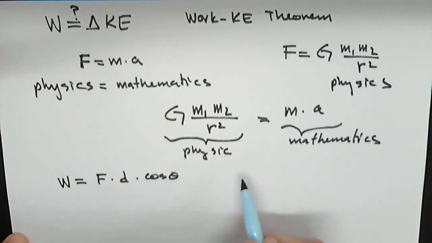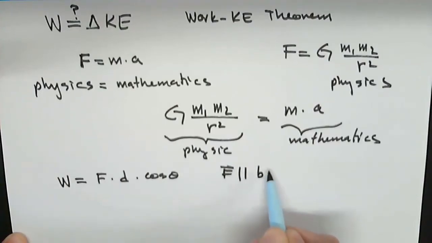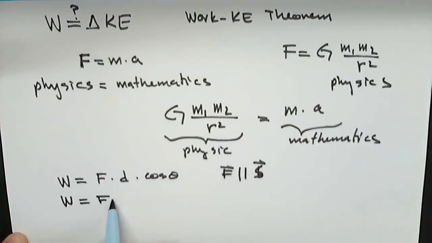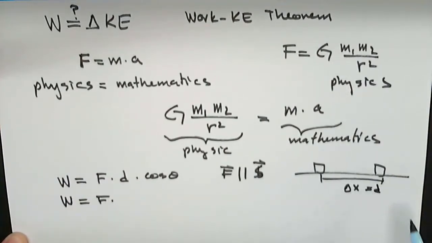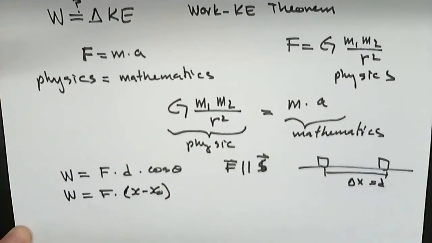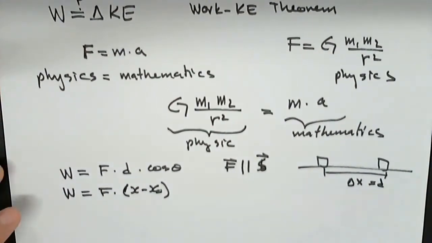For simplicity, let's pretend that the force and the displacement are parallel. So work is force times displacement, in one dimension to the right. So the block is here and this is here. Delta x is d. Just put it like that for convenience.